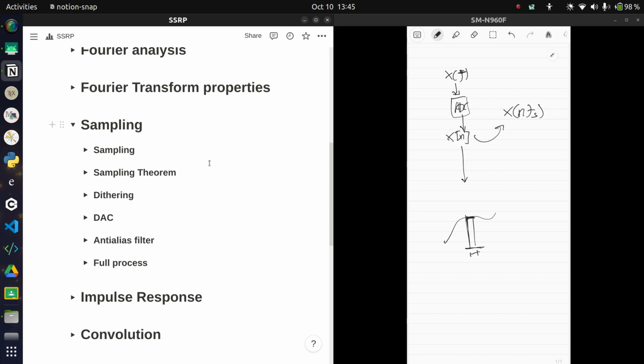So you want to get back to the continuous domain with the same kind of thing: this area is just equal to Ts times x[n]. So the area in every Ts interval is just Ts times x[n].